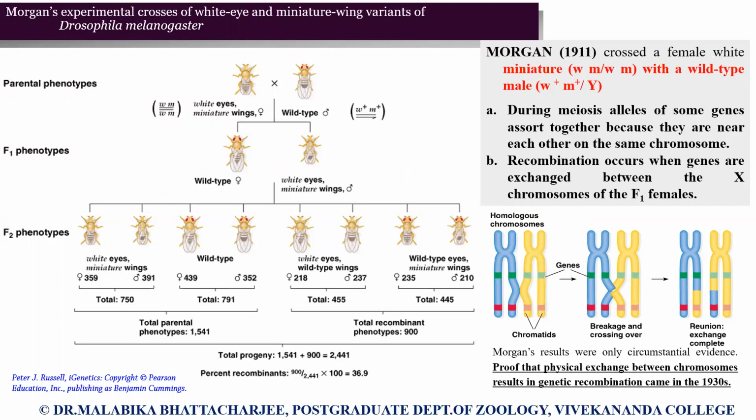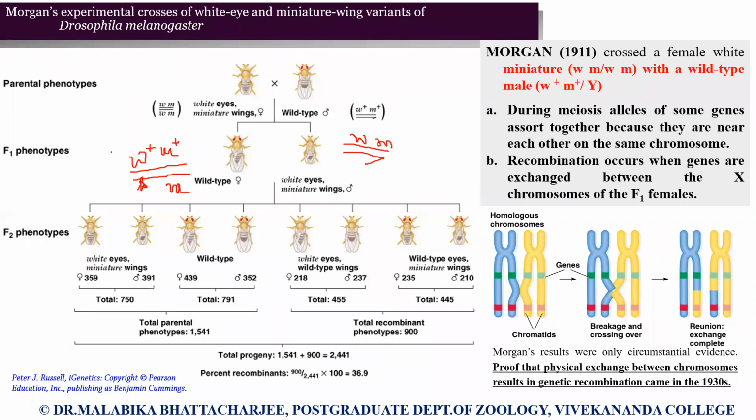Now they were interbred. Just remember the phenotype of this female is W plus M plus, by W M, and this one will be W M and Y. Okay.